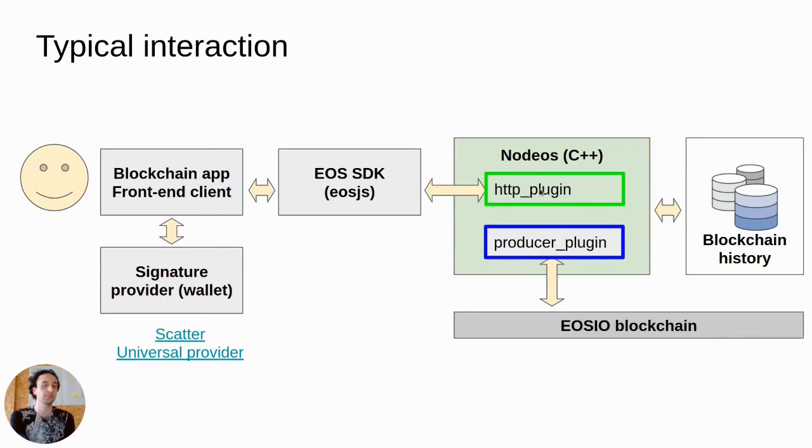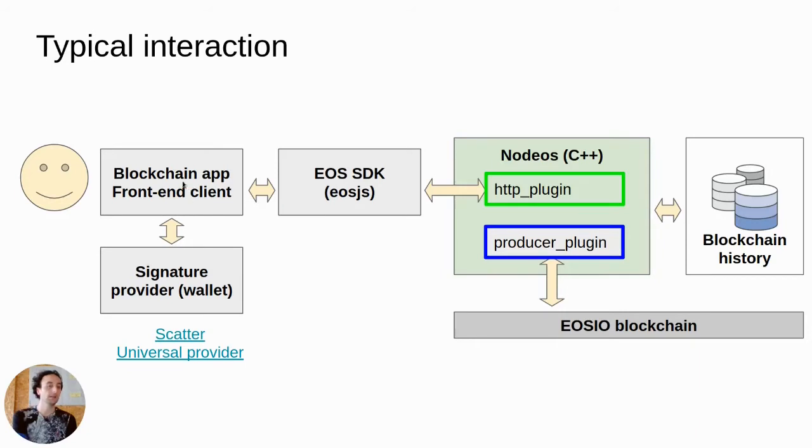They usually connect to the HTTP plugin that will communicate with the EOSIO protocol, which synchronizes it to the rest of the network in that blockchain. And then this node also commits, it updates the database inside EOSIO, so that's in RAM, and also commits the transaction history to a disk somewhere.